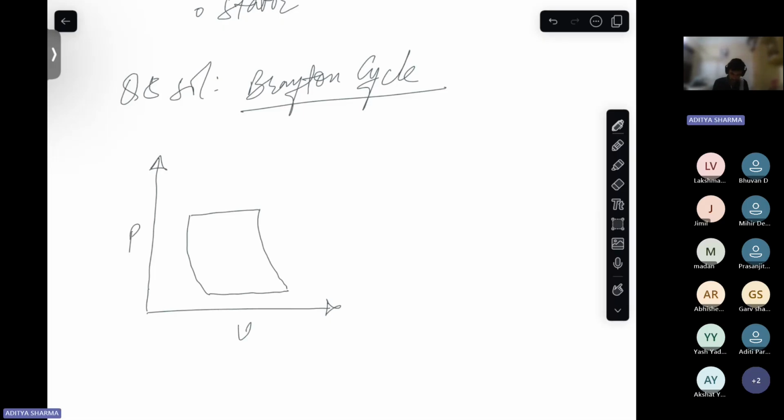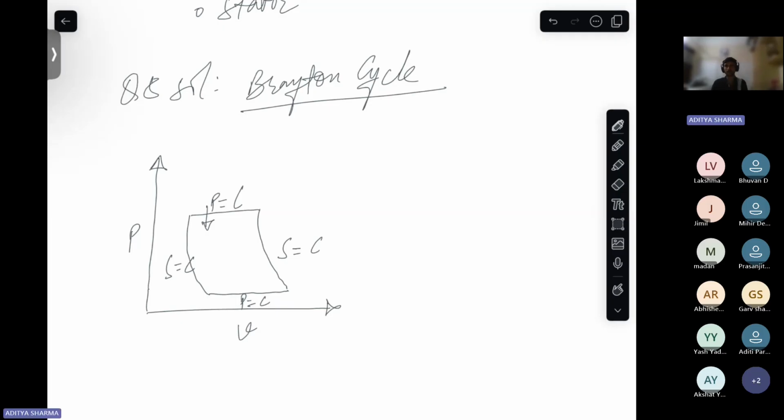This is your P, this is your V. P equals constant here, it's a straight line. Here entropy is constant.